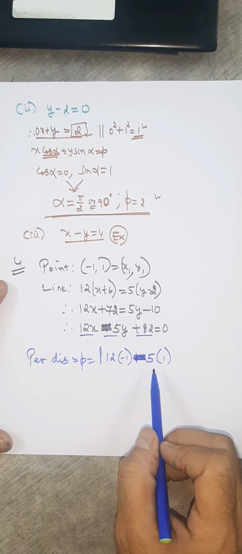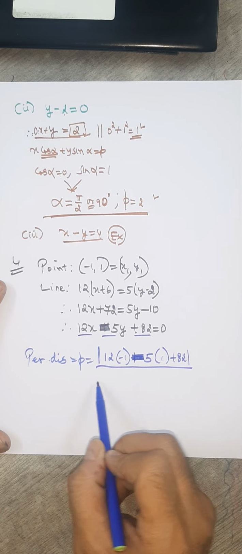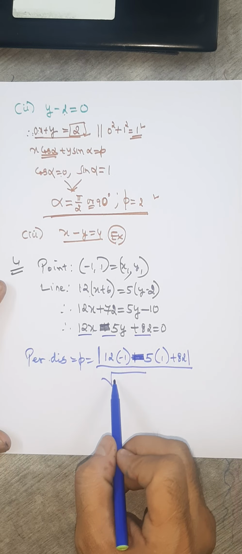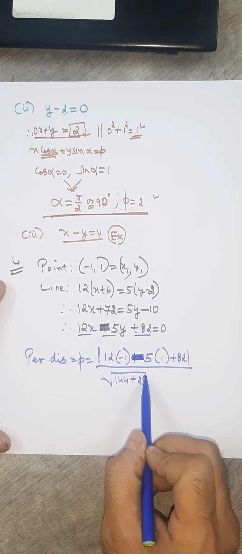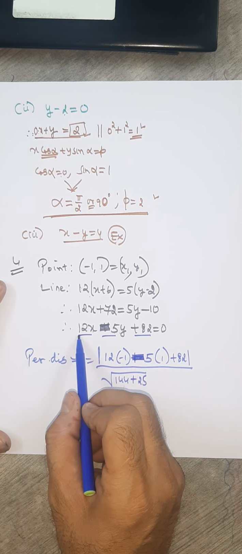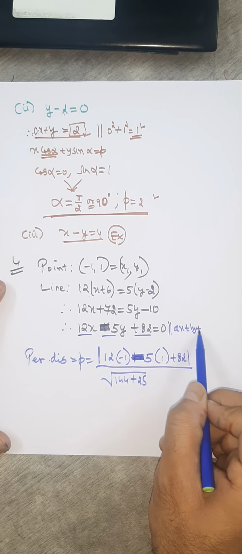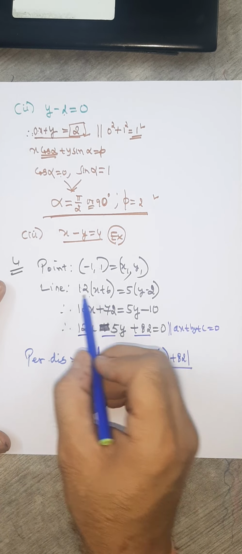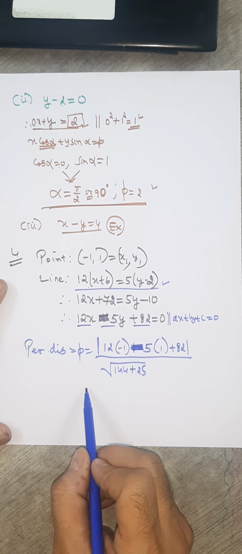That's 1, plus 82, upon root of a squared plus b squared, that's 144 plus how much? 25. Have you realized why I have expressed this line in that form? To get a and b. ax plus by plus c equals 0. I need a and b. From the earlier form you cannot get a and b directly. That's why I did it in that form.